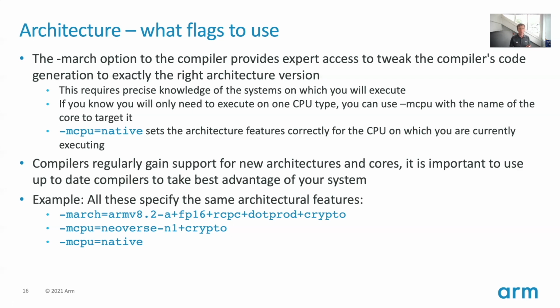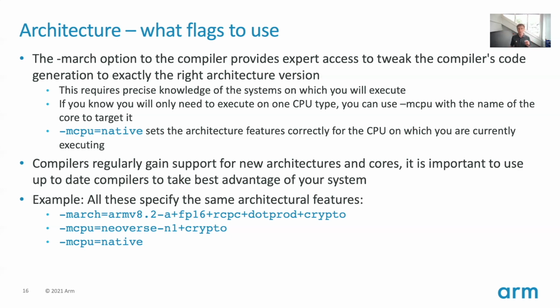So you can say -mcpu=neoverse-n1, which is the ARM designed core on which the Graviton 2 is based, plus cryptography, because the Graviton 2 instantiation of the Neoverse N1 core has the cryptographic extension on it.